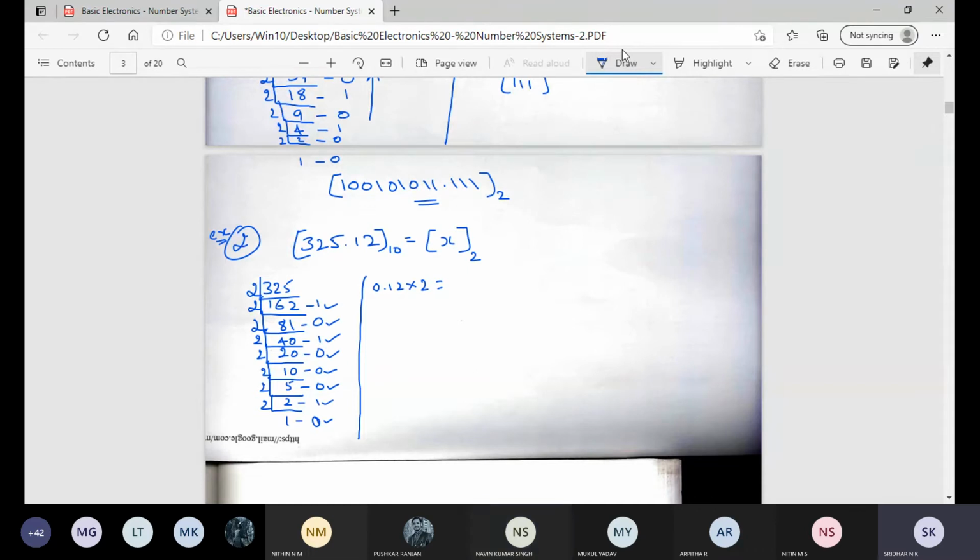Now in fraction, it is successive multiplication. So 0.12 into 2, what will be the product? 0.24. So note down the integer part, and the fraction part goes to the next iteration. 0.24 into 2 is 0.48.